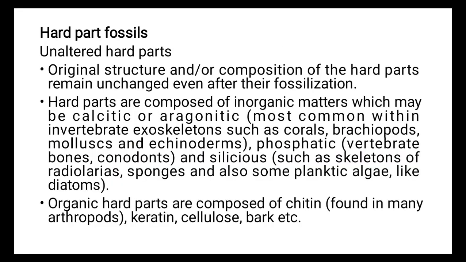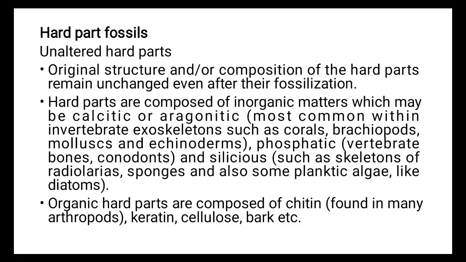Then hard parts we can get in two forms, altered and unaltered. In unaltered forms, the original structure and composition will be there. So the hard parts will be preserved as unaltered.